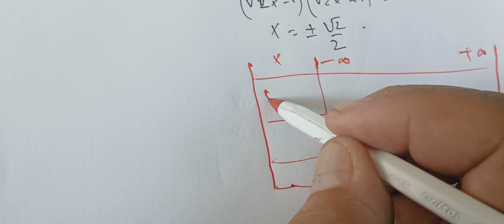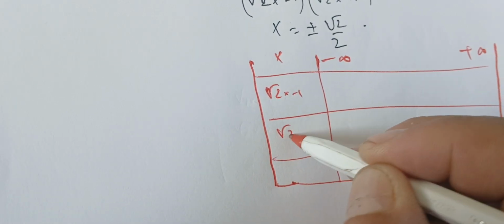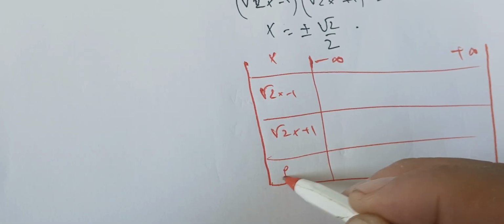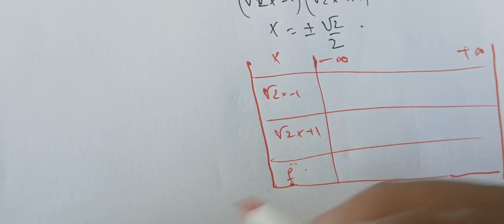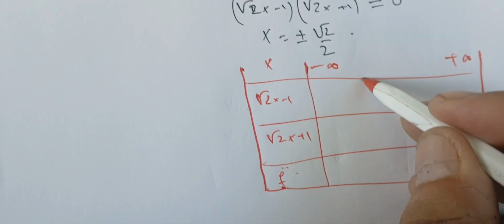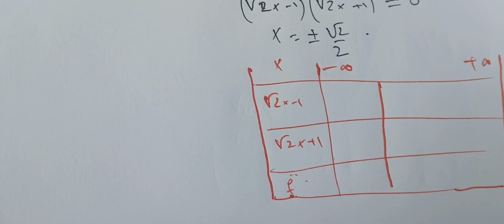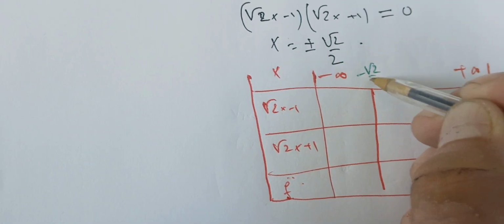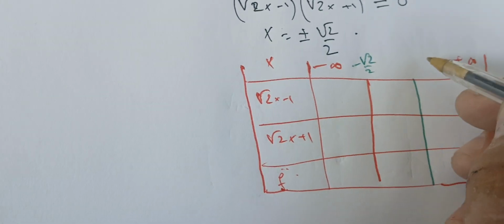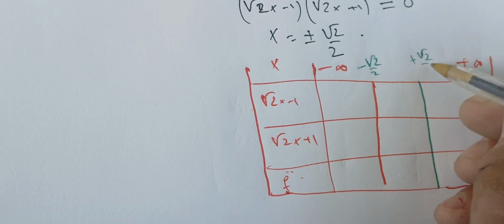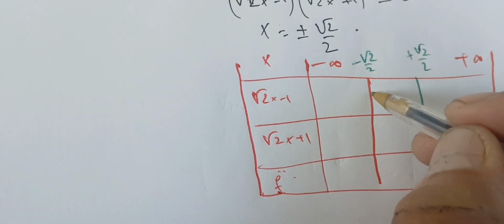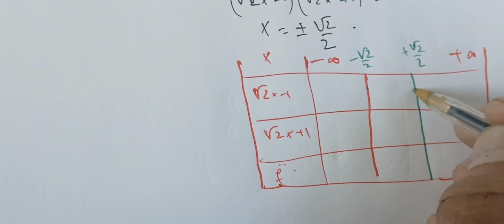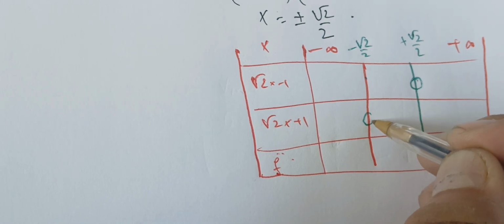So here, square root of 2 x minus 1, square root of 2 x plus 1, and I'm interested in the sign of the second derivative. I know that my function, f second, is 0 at minus square root of 2 over 2, and it's also 0 at plus square root of 2 over 2. So I put a 0 here and a 0 here.